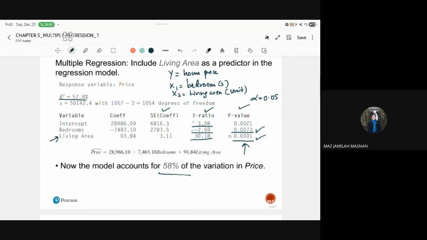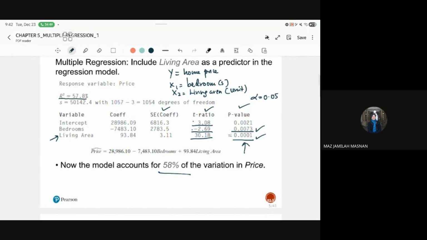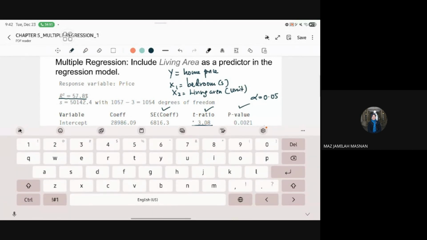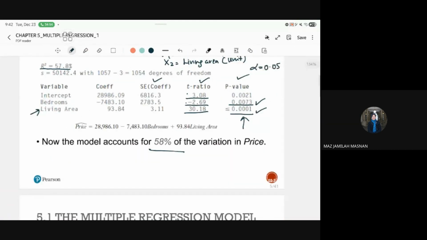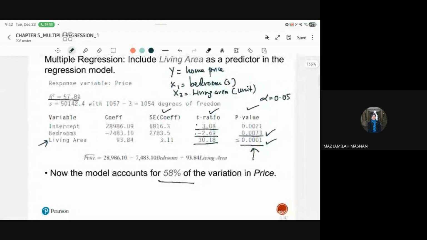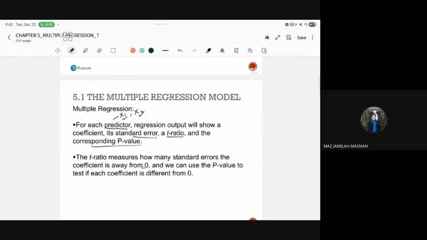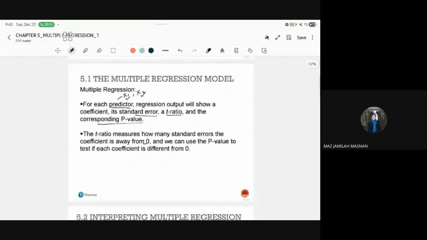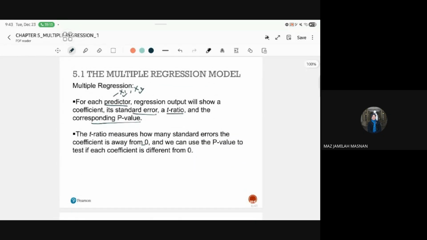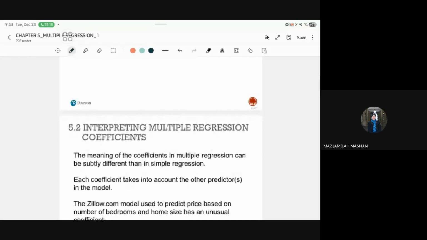So in this case, you can see the bedrooms coefficient is negative 2.69, and the T ratio is 30.18. We can use the p-value to test whether each coefficient is different from zero, as we have discussed just now. That is how we can interpret every single IV or predictor in your model.